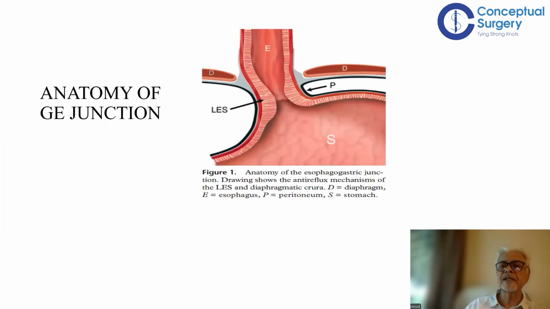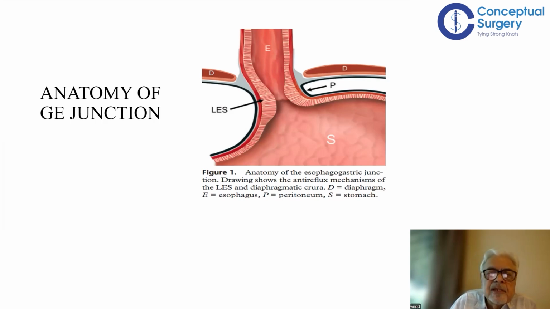Now, one must understand the anatomy of the GE junction, and one should take important ideas from this particular understanding to create a very durable surgery for the reflux disease. Here we have shown that there is a lower esophageal sphincter.